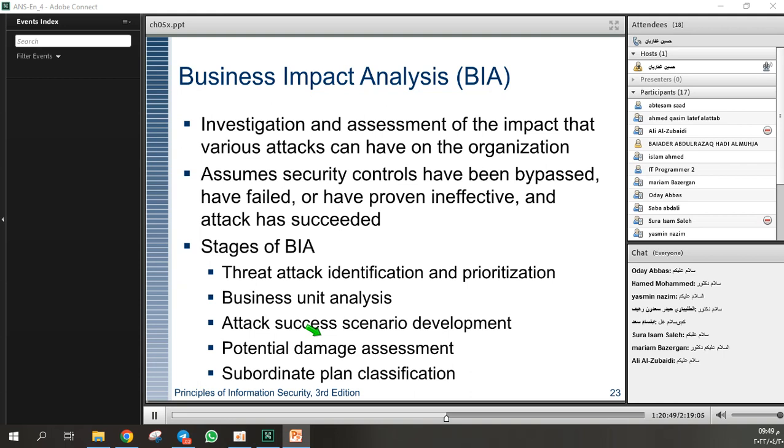If this attack happens successfully, what is the result? The potential result, the potential damage. And fifth, I need a subordinate plan for classification.